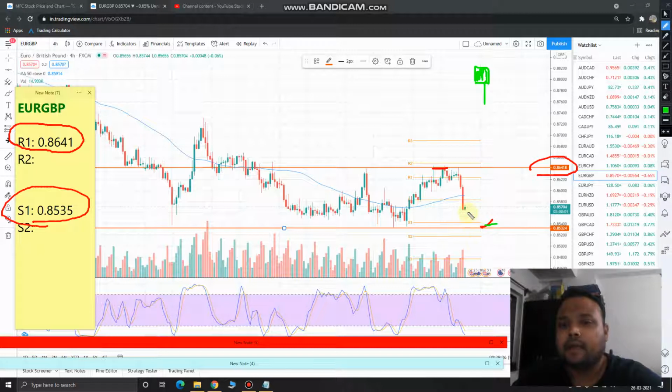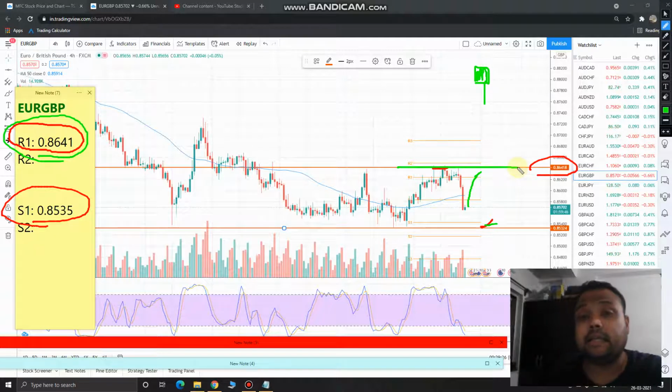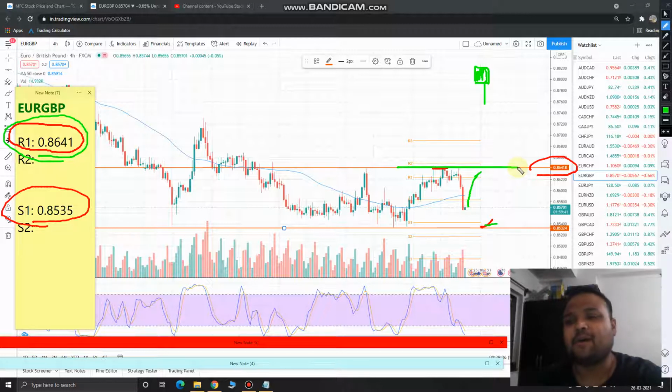Simple. And in case market reverses from here and goes up, then again you need to observe the price at this level, 0.8641, or this line. If you see that price is struggling near the resistance, then there is a clear indication that sellers are still not allowing the market to go up.